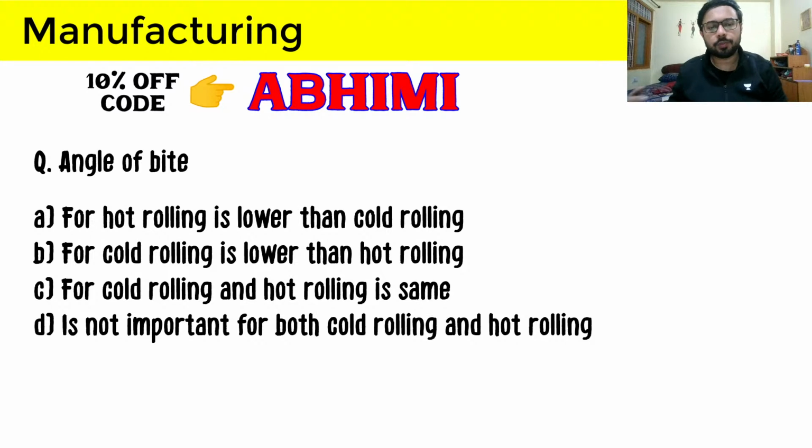If you know each of these separately, then you can do this question. So what is angle of bite? Angle of bite is the angle which the contact length between the workpiece and the rollers makes at the center.